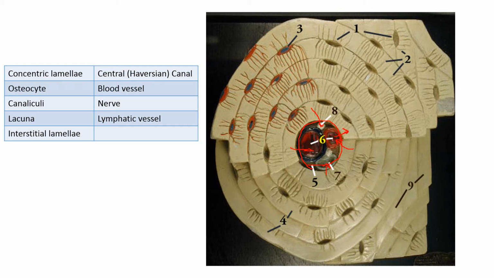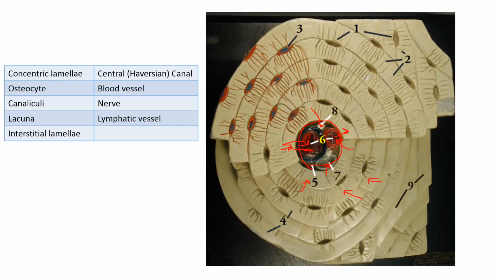All right, moving out from the central canal, we have these kind of circular sheets of bone. These are the lamellae, and they make kind of a concentric pattern. They're almost like those Russian nesting dolls.